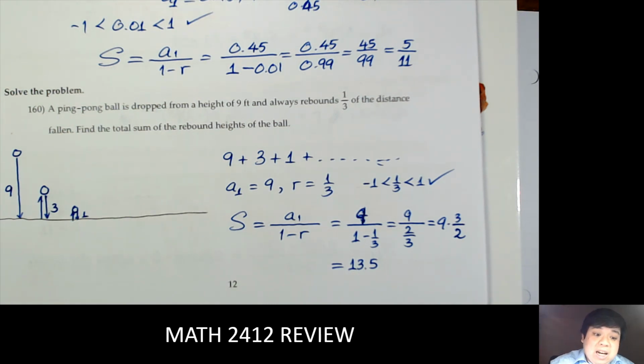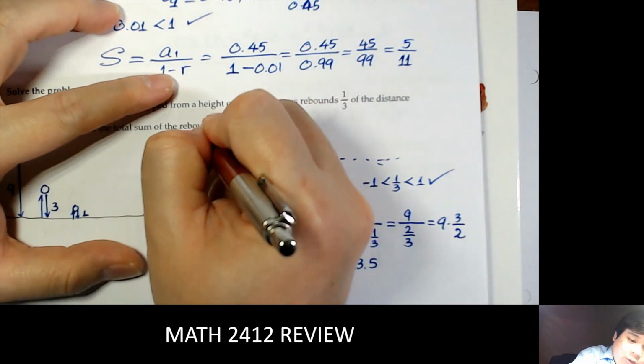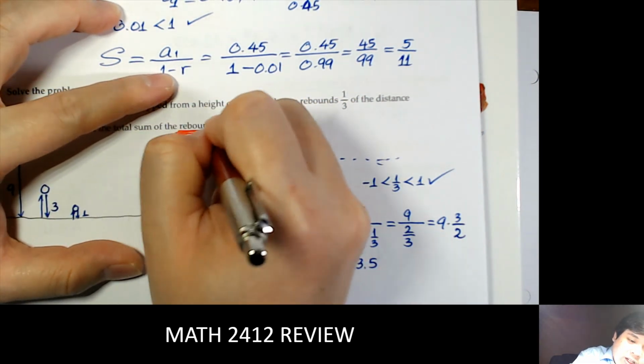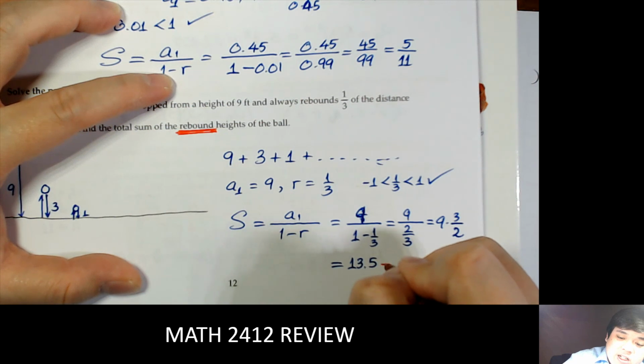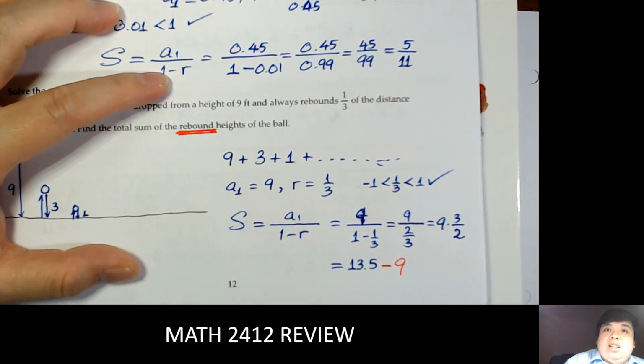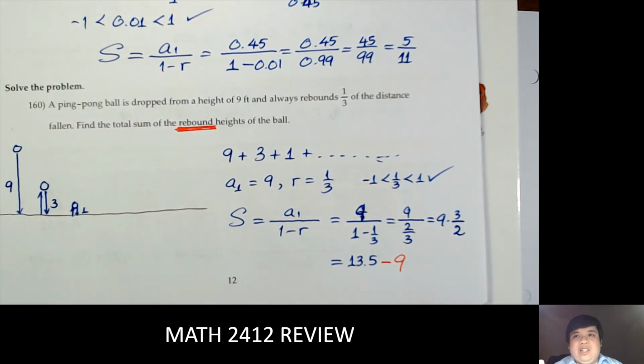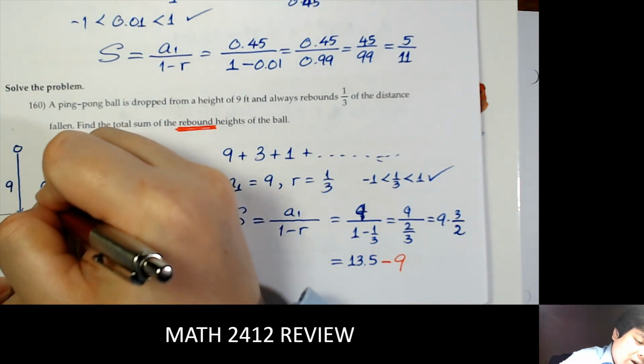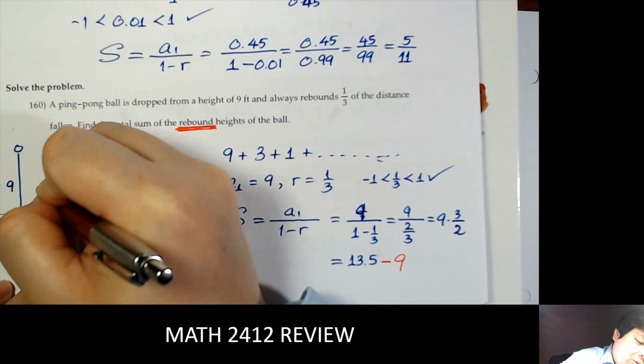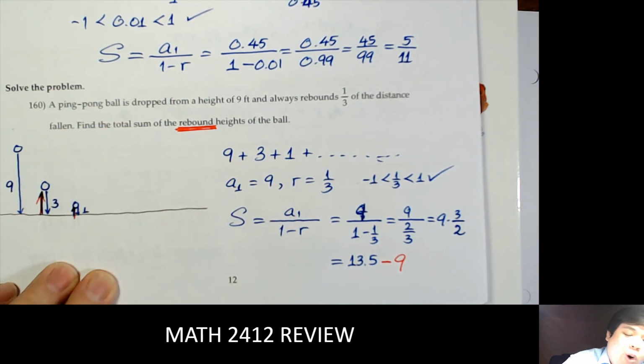Now I read the problem again. They only asked for the rebounding height, so that is very important. So we have to subtract the original height because the initial height is not a rebound. We're talking about the rebounding going up only.